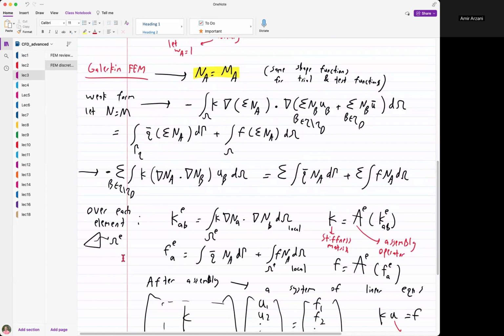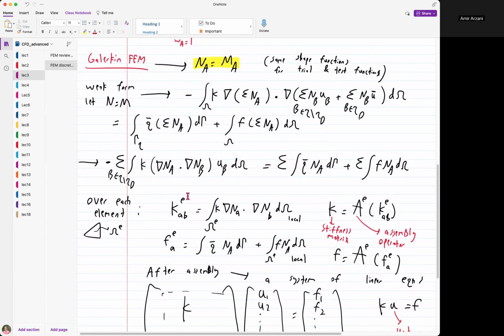What we can do is that these integrals, we're not going to evaluate over the entire domain, because over the entire domain, it's silly to assume the solution to be linear or even quadratic. So instead we evaluate these integrals one by one across all elements. Then we can denote this element stiffness matrix, K superscript e, as the first term corresponding to the diffusion Laplacian operator in our PDE.